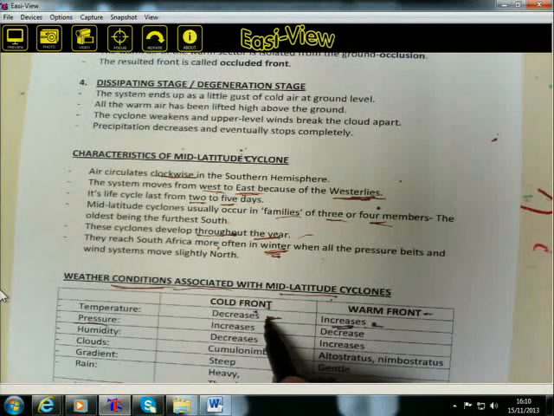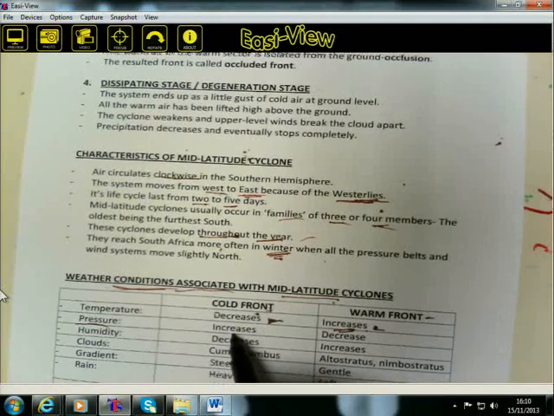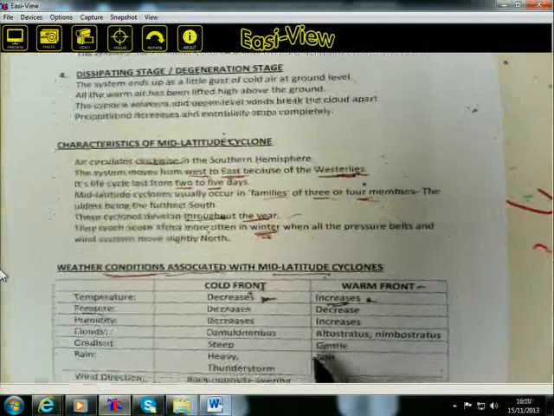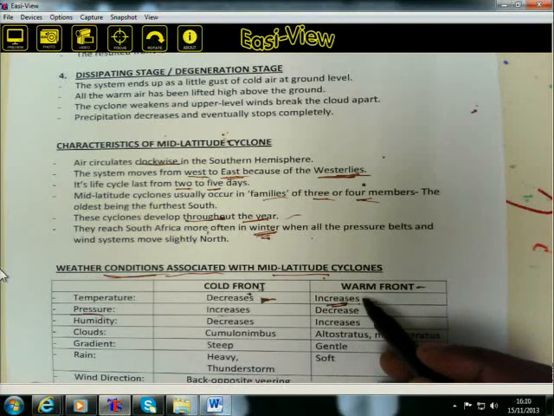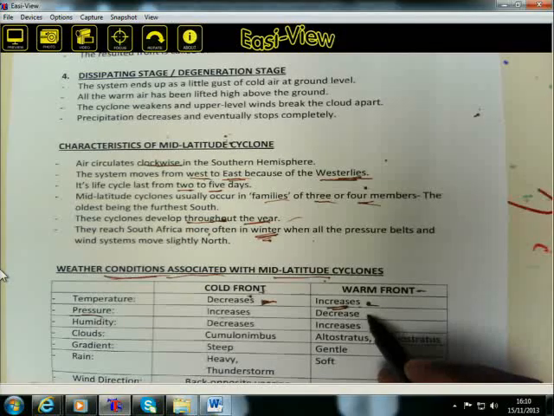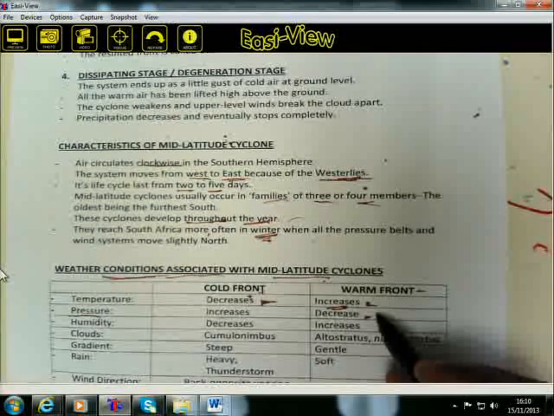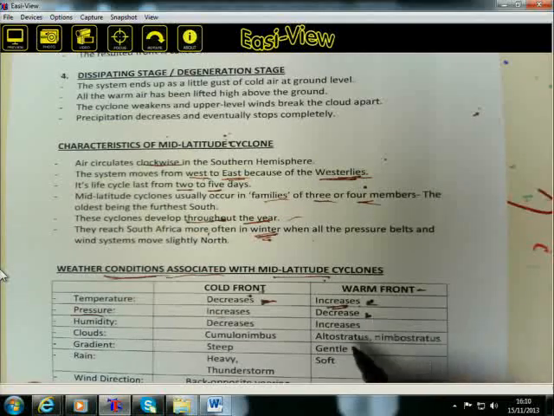Because we are having a low temperature, the pressure will be high. The pressure will increase when the cold front approaches. But when the warm front approaches, the pressure will decrease. Why? Because the temperature has increased, then the pressure will decrease. It makes sense.